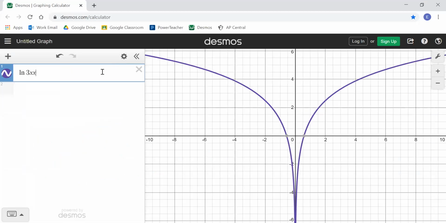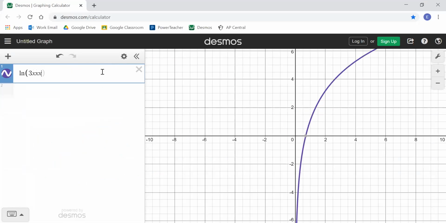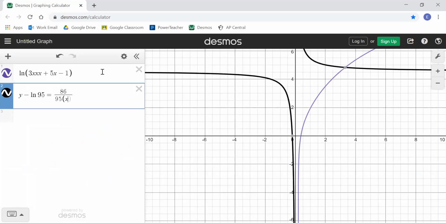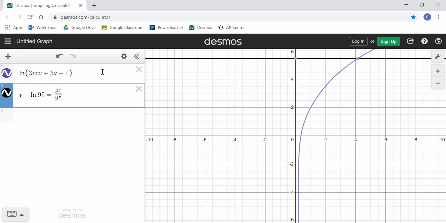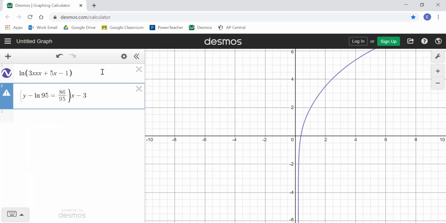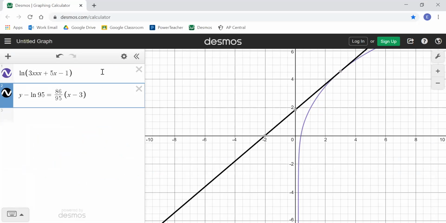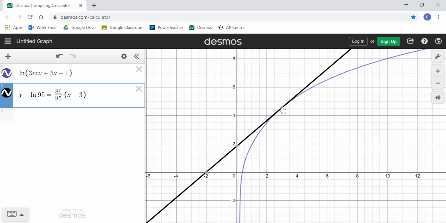Natural log of 3x cubed plus 5x minus 1. That didn't work out. There we go. Look at that nice little tangent line there at 3 comma natural log of 95.